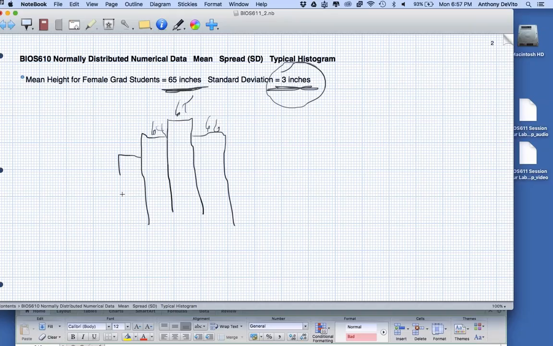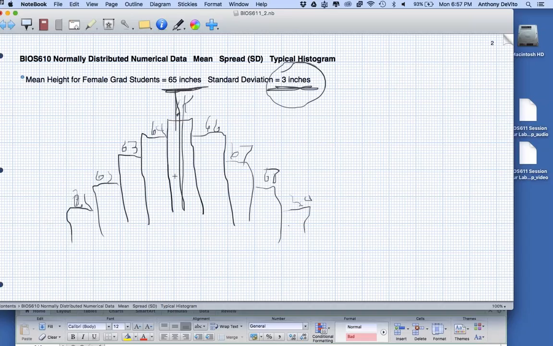And the next most likely outcome after that is going to be 63 or 67, and the next after that is going to be 68 or 62, and 61 and 69, and so on and so forth, right? So what's happening here? We're creating a distribution that is symmetrical around the mean, but the mean is the most likely outcome. So this is what we would call a normal distribution.